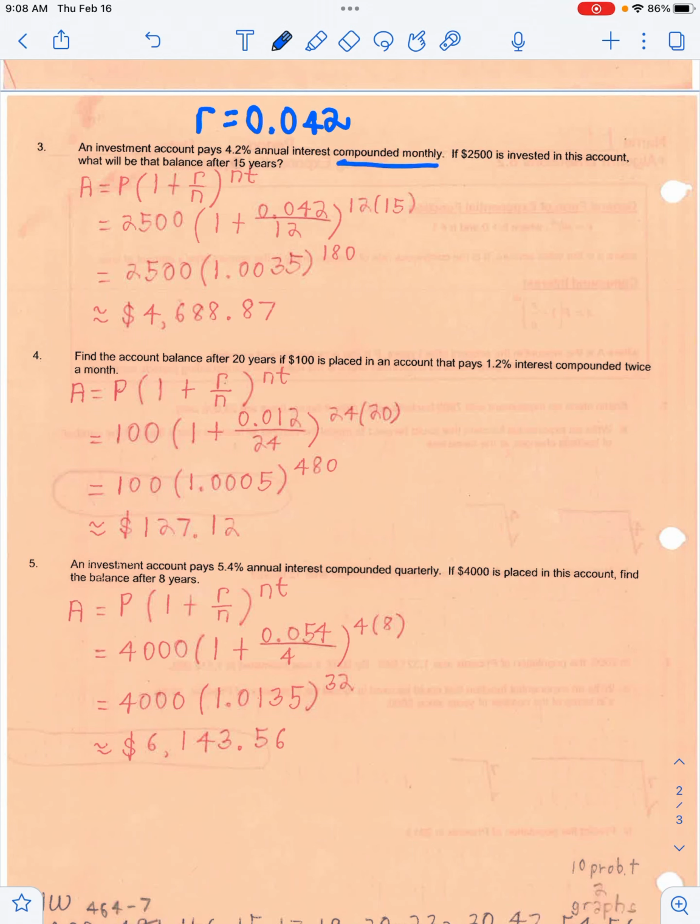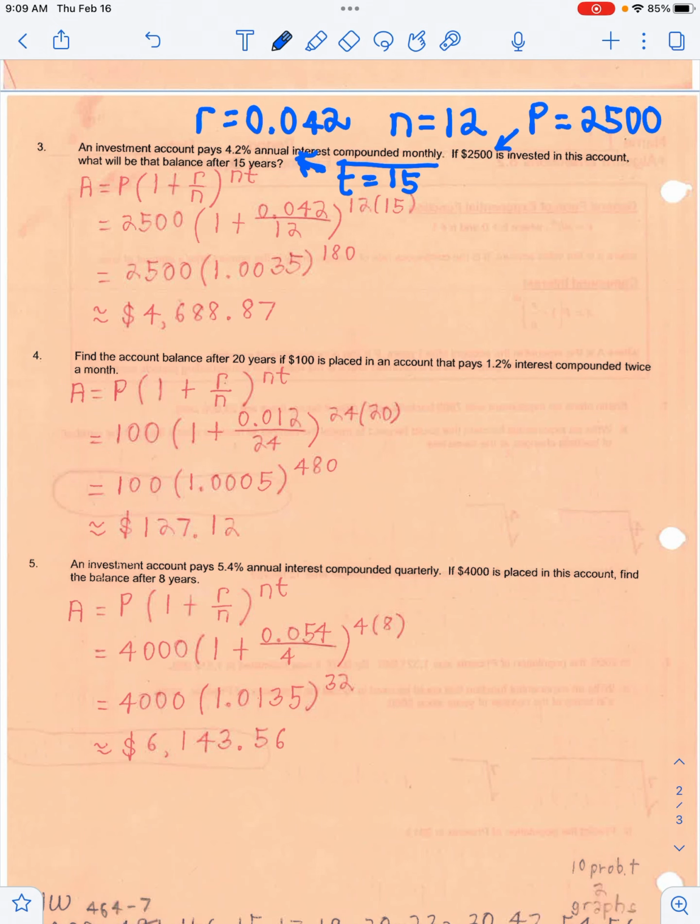Compounded monthly, that is going to be the value of N, and monthly means 12 times a year. The initial amount is the 2,500. That's your principal. And then they want us to find out the account balance after 15 years. So that's T equals 15.